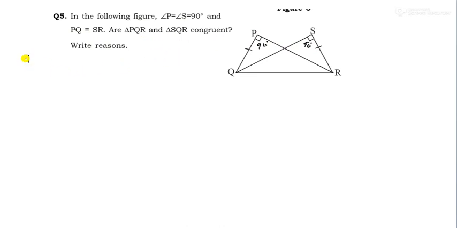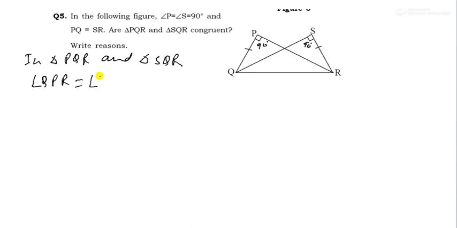Now, what is the congruency? Write the reason. So first of all, in triangle PQR and triangle SQR, what will happen? First of all, right angle, so angle QPR is equal to angle QSR, because they are 90 degrees, and one side PQ is equal to SR, it is given, and the hypotenuse QR is equal to QR, because it is common.